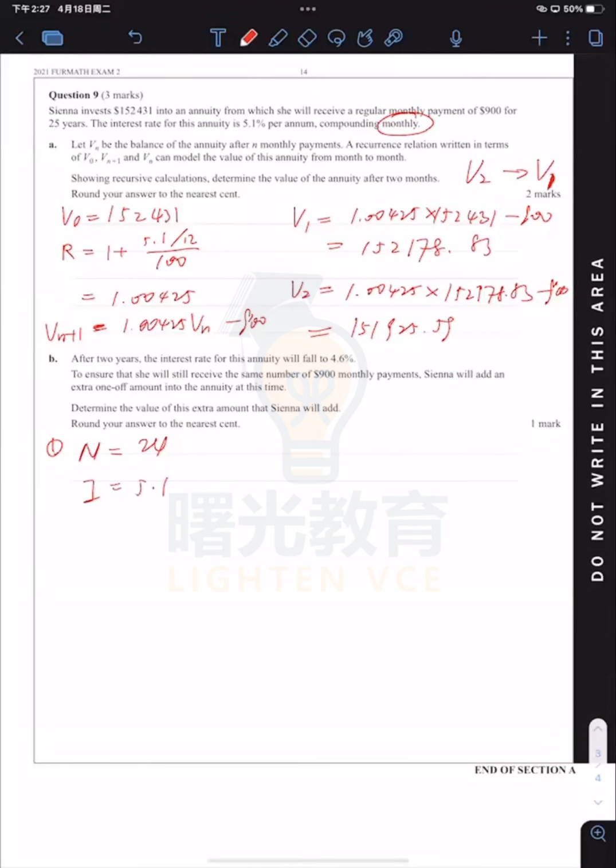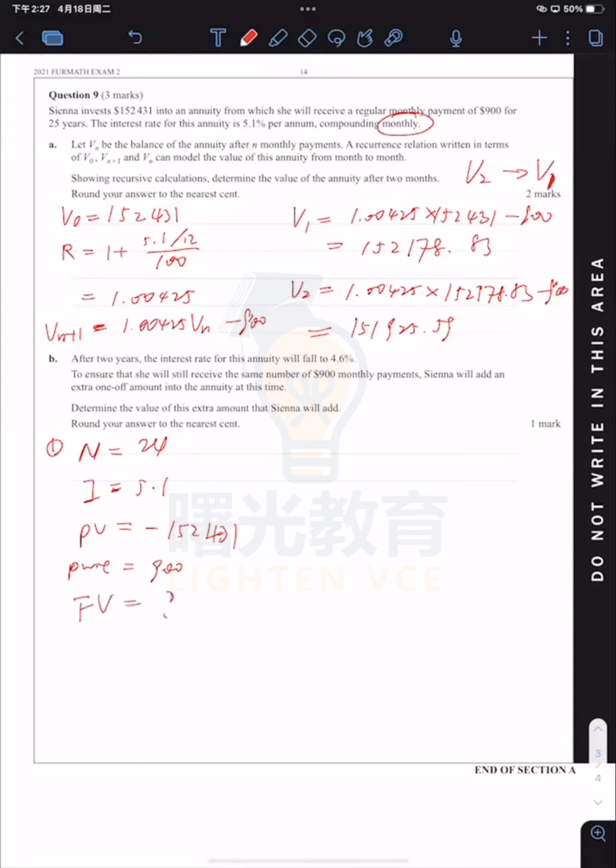The interest rate annually is 5.1. The principal value now is the annuity owing Sienna, so the present value, the principal value, is negative. And then the payment is positive. That is always opposite, positive $900.